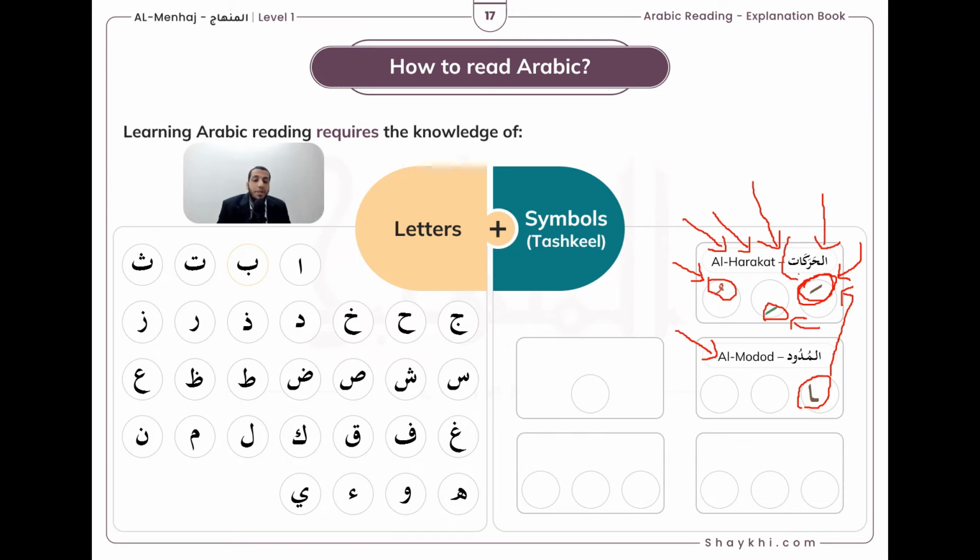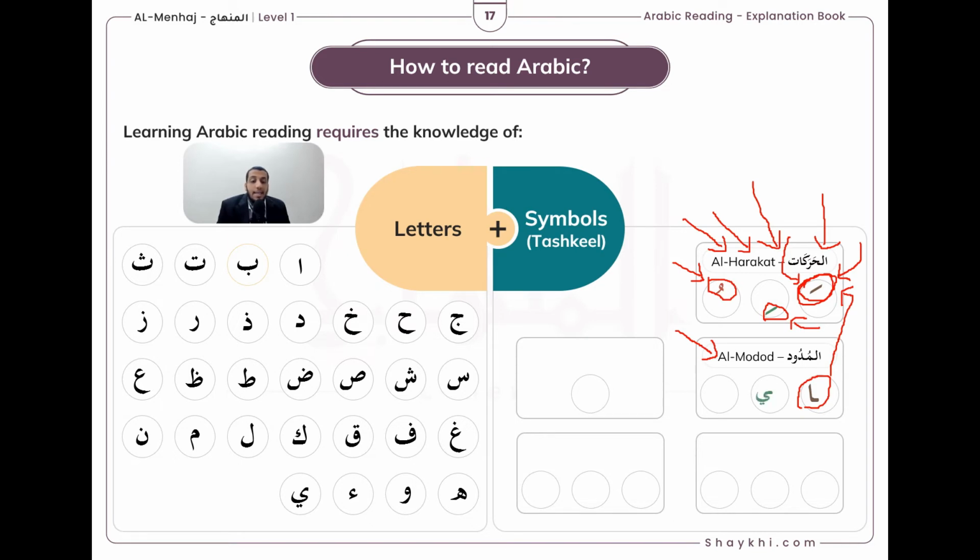So the difference is just one thing, which is what? The time of the sound. When we pronounce al-mad, the time of the sound will be longer because al-mudud are long vowels while al-harakat are short vowel sounds. Yes, exactly. So this is the first type of al-mudud, which is al-madd bil-alif.